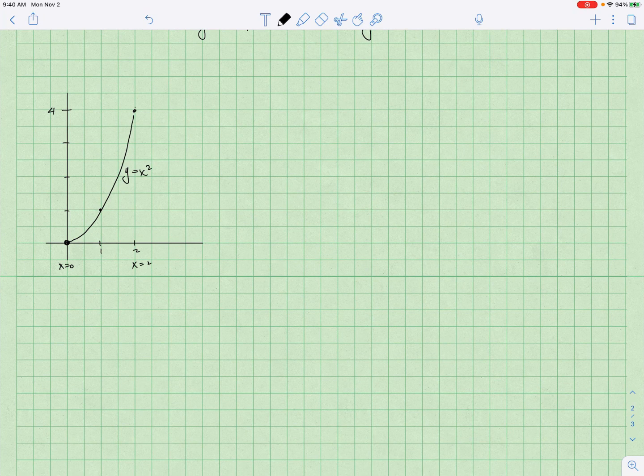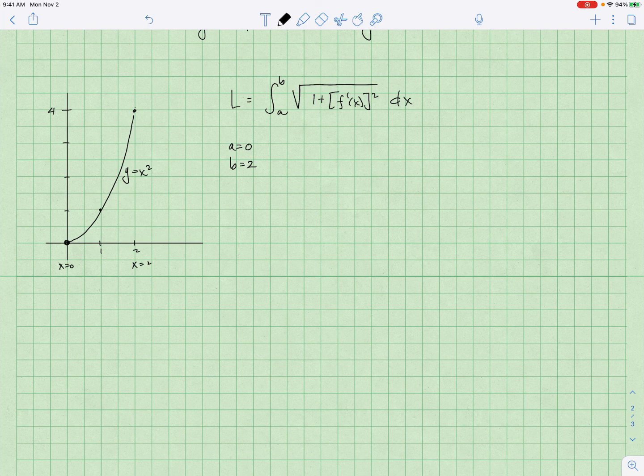So the arc length formula is pretty straightforward. A lot of this is plug and chug. The integral from a to b of the square root of 1 plus f prime of x squared dx. For us here, a is equal to 0, b is equal to 2. We can do this with respect to x, no big deal.